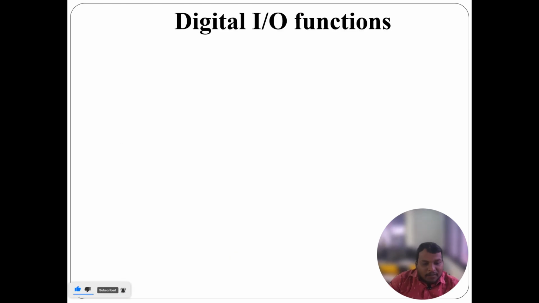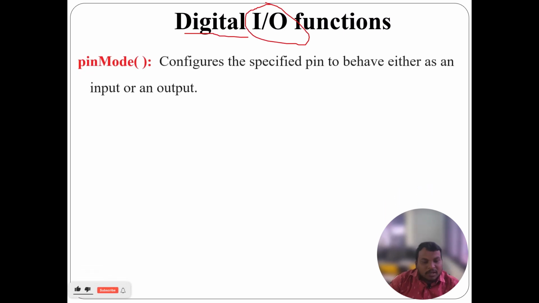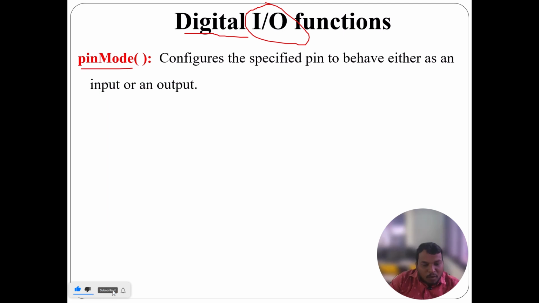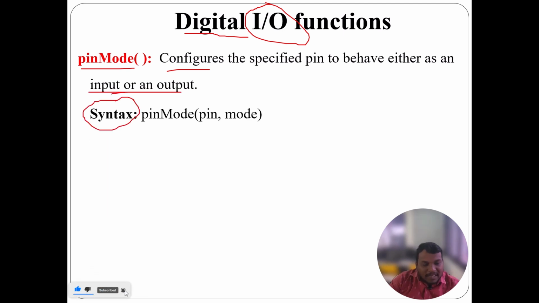First coming to the category of digital input or output functions. In that, first pinMode configures the specific pin to behave either as an input or an output. So first is the syntax. What is the syntax? pinMode(pin, mode). What is pin? Pin number, and mode.